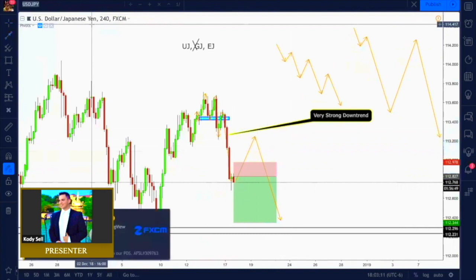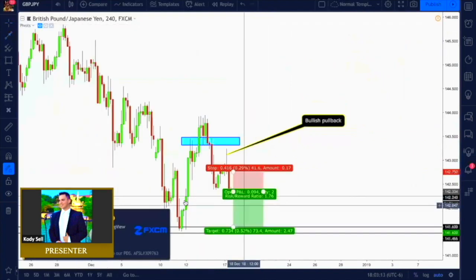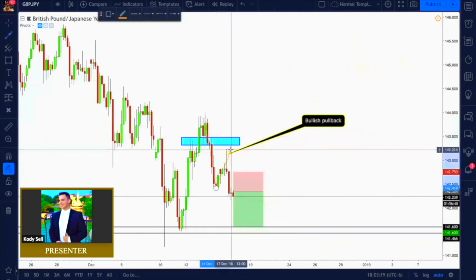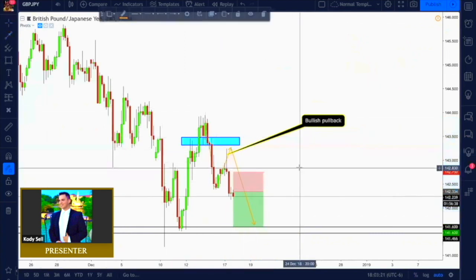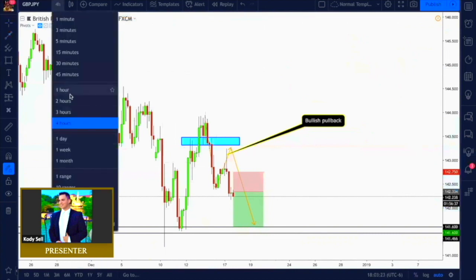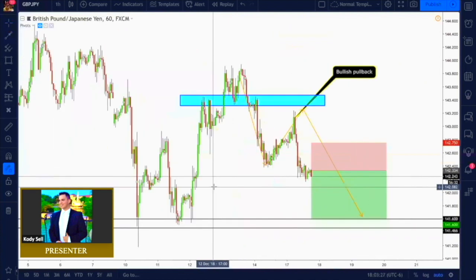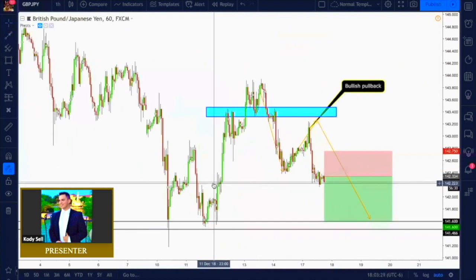Whereas GJ has a slightly healthier trend. It looks like it already did its pullback on the 4 hour. See that? We already did our big pullback, and we're just dropping now. If you zoom back in to the 1 hour, we're already dropping from where we had our entry, and it looks a lot more solid. This is the trade I want to take, okay?